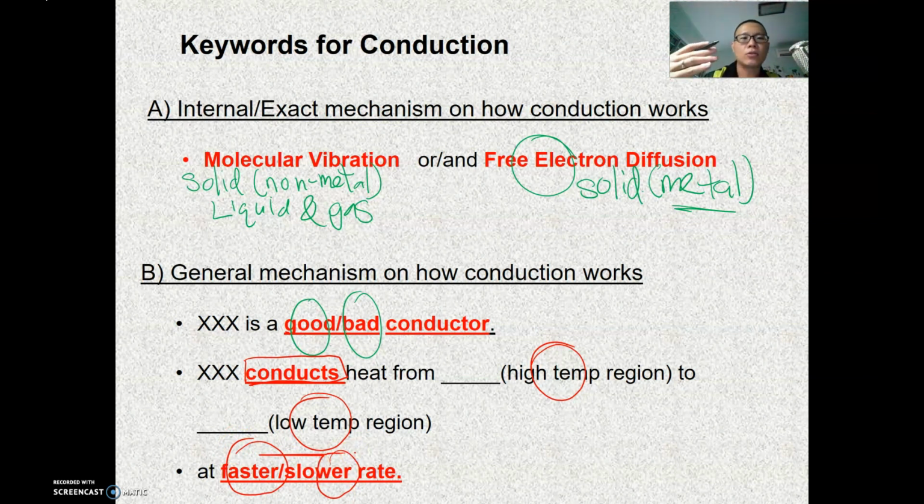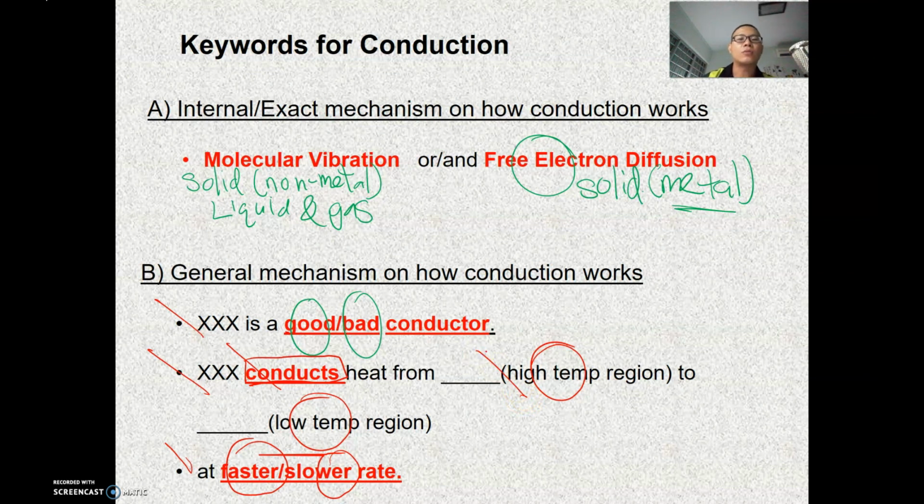So what I wrap up, or package, is 3 keywords, whereby the first keyword tells the marker whether it is a good or bad conductor. The second keyword and the third keyword highlight to the marker how a good or bad conductor works, or how it affects the heat transfer, primarily by using words relating to conduction, which is conducts, and relating to heat transfer.